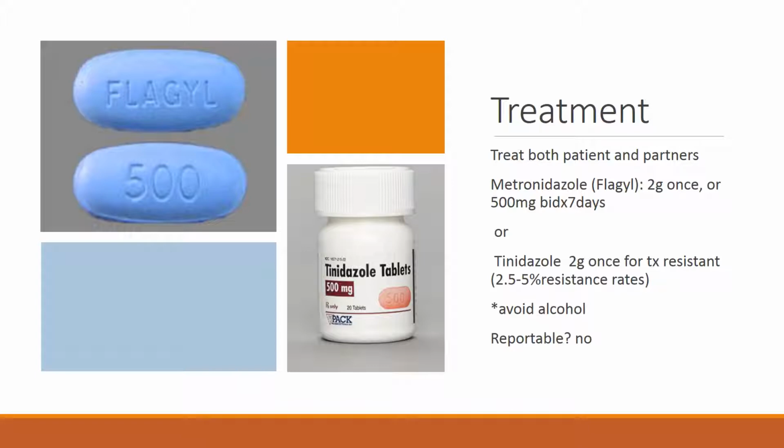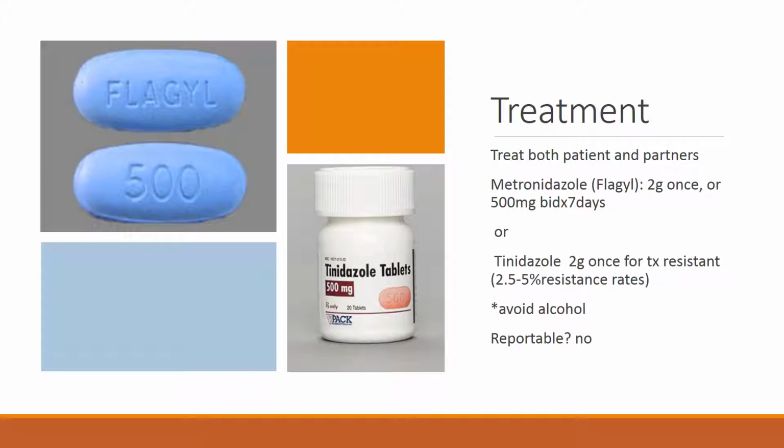They do need to avoid alcohol. So if you are giving it as a prophylactic treatment after a sexual assault, you've probably already talked to the survivor, and you know when their last alcohol drink was. So kind of consider that.